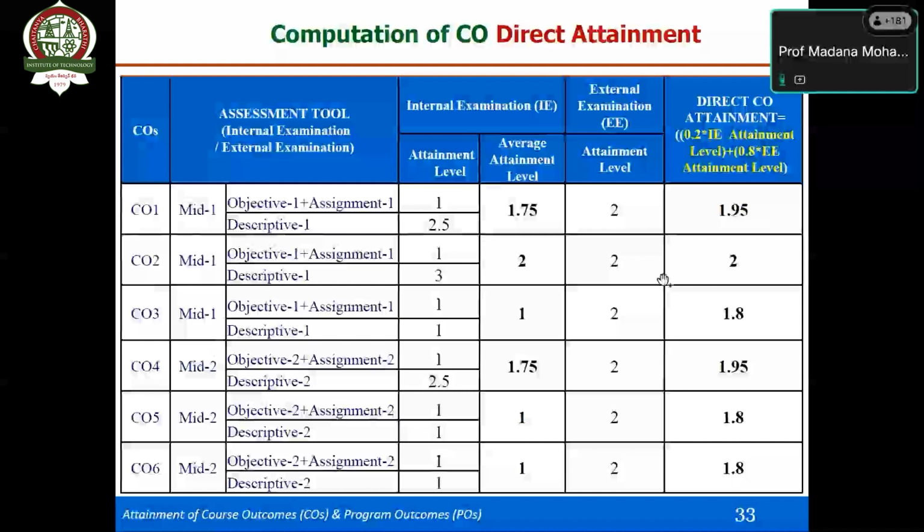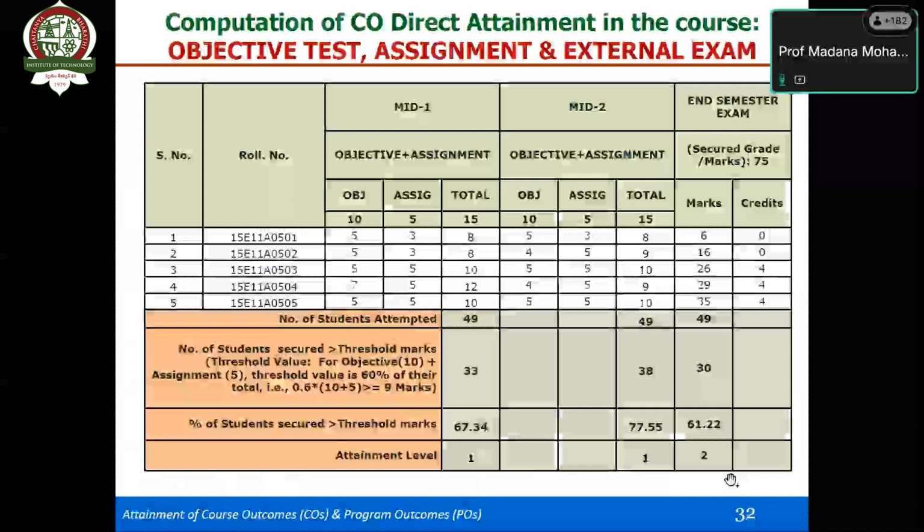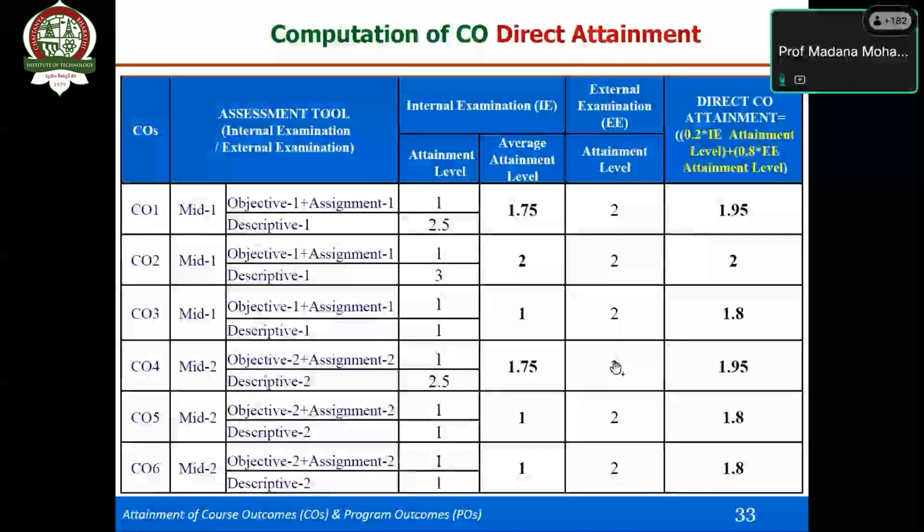That's why we have taken the overall marks of the end exam, that means all COs are related. We don't have a split here. That's why for every CO, the end exam level is common. Once you calculate, suppose the end exam level is 2, for all COs the same level you have to take, whatever level you get.